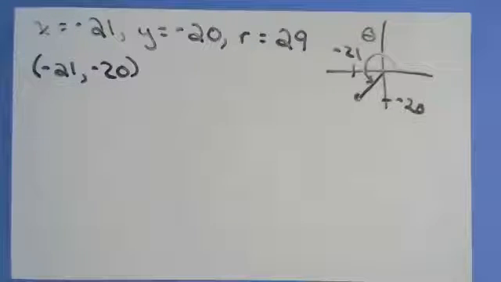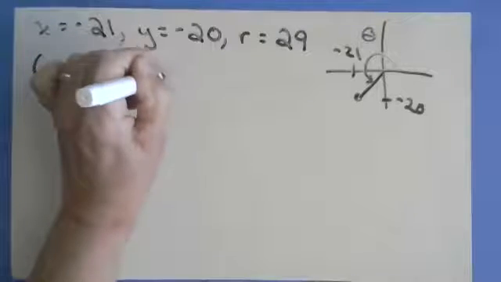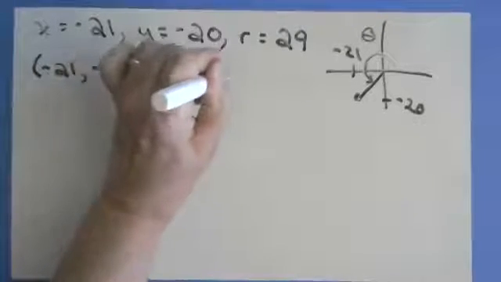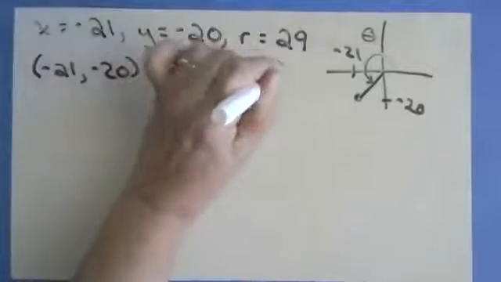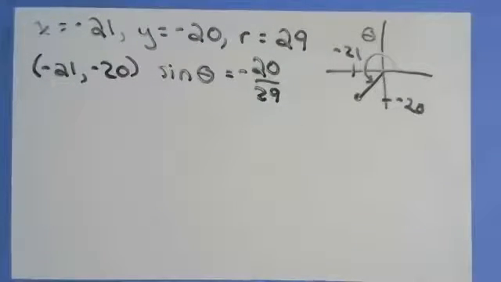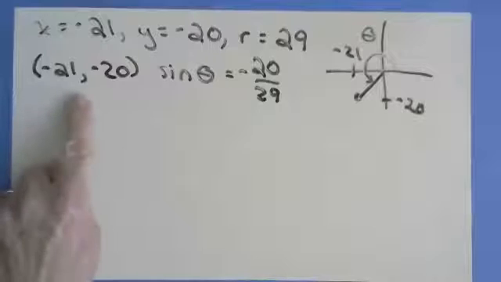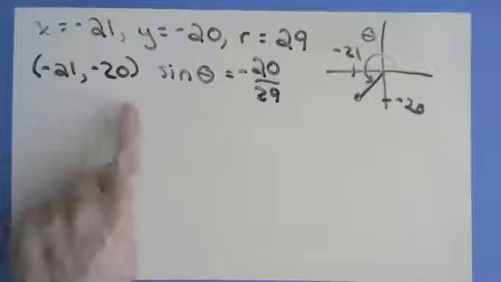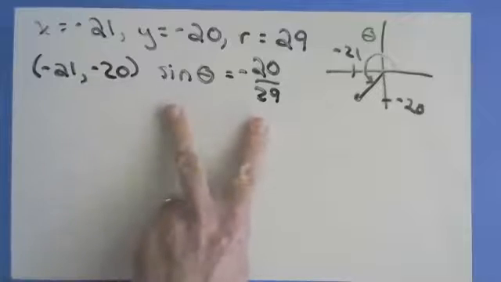But we have this information about x and y, the information they told us about sine of theta, which was negative 20 over 29. What's important to recognize is that this is just one of an infinite number of points that would still get us this ratio.